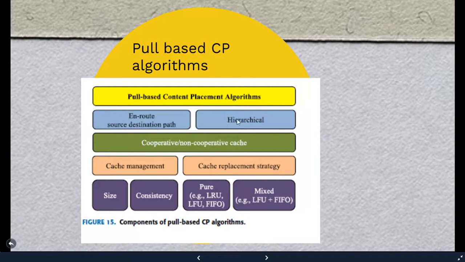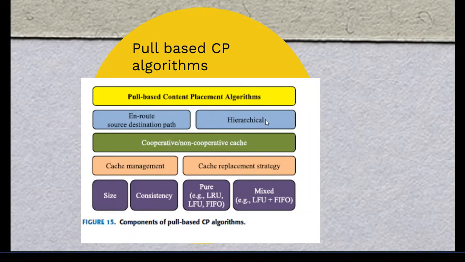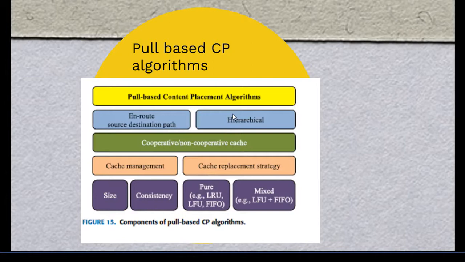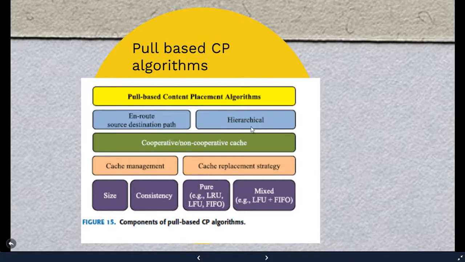Then there are hierarchical algorithms, which follow a set of paths. Say the primary server directly asks for the content from its original server, and if it has the information, the original server passes it on to the primary server, and it is then passed on to the user. The cache can be cooperative or non-cooperative.